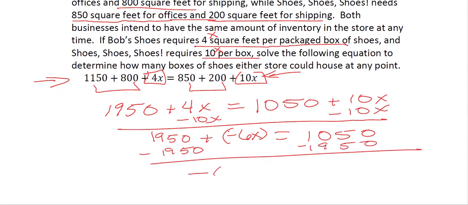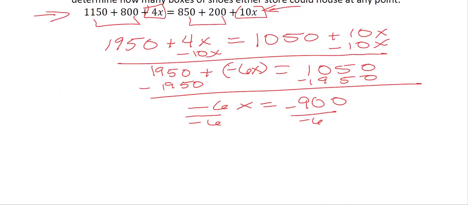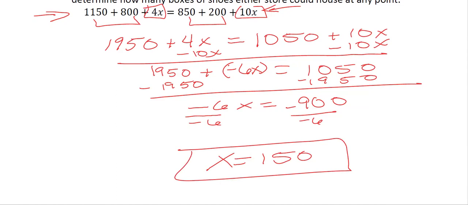Let's rewrite it where it's a little bit cleaner. So I got 1,050 minus that 1,950. It's 900. And it's a negative, right? Now let's divide by the negative 6 because we want a positive 1 coefficient on x. So 900 divided by 6 gives me x is equal to 150. And that's what we need.